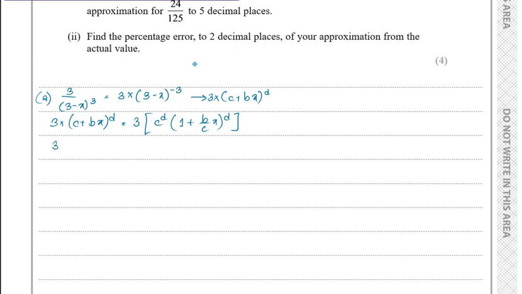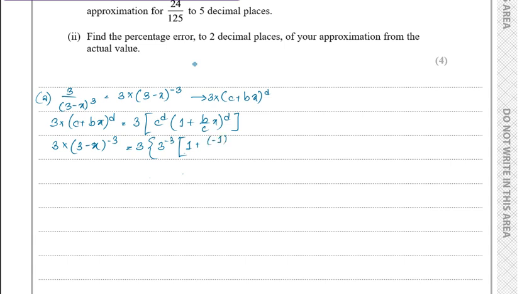So for our expression, this would be 3 minus x to the power minus 3. In our expression c is 3, so it will be 3. Bracket 1 plus, so let me change the brackets, curly brackets here, square brackets here, and b here is minus 1.